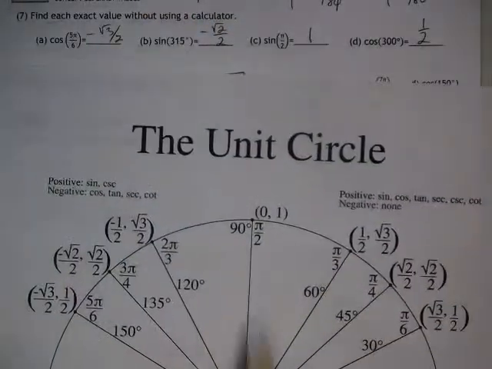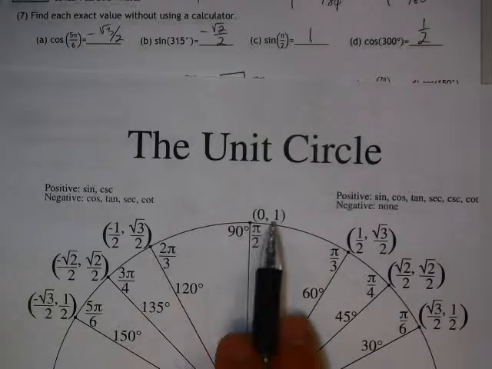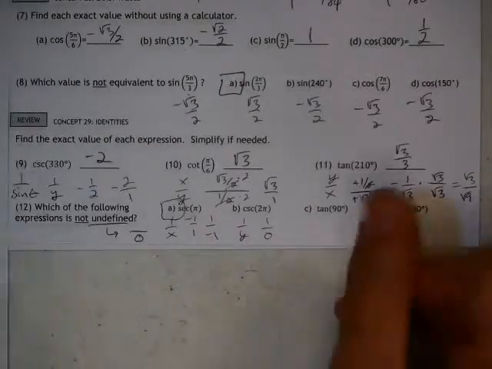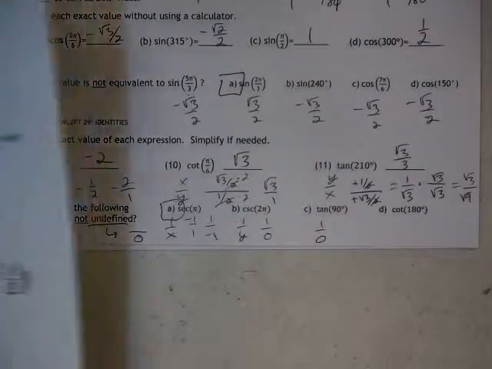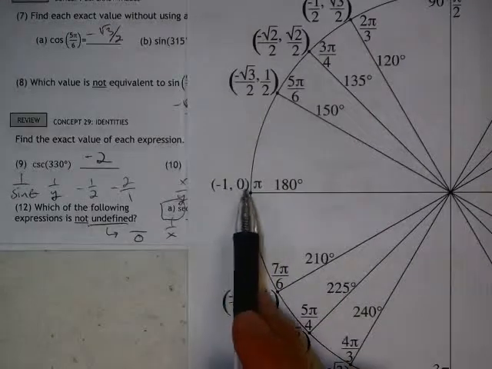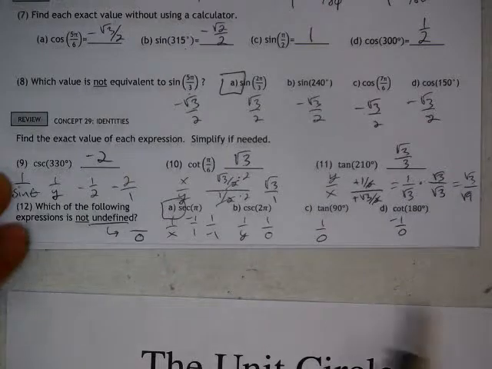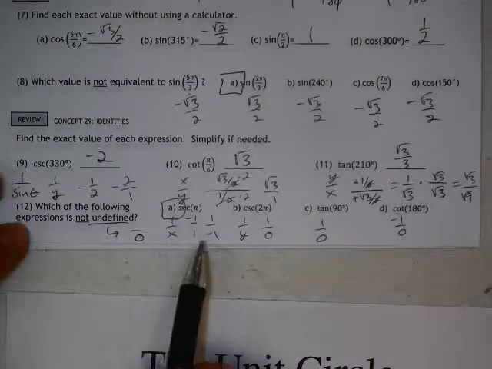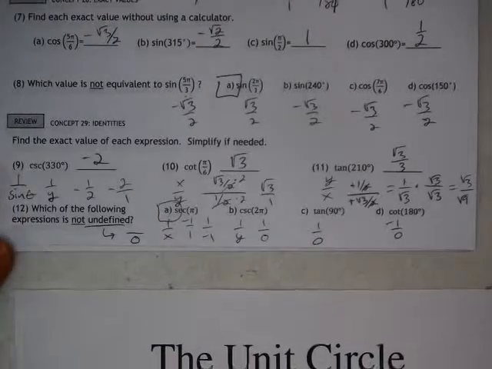Tangent at 90, there's 90. Tangent, remember, puts the y over the x. So it'd be 1 over 0. That's undefined. Cotangent at 180 puts the x over the y, negative 1 over 0. That's undefined. So choice A is indeed the only one that does not have 0 on the bottom, which is my choice for number 12.